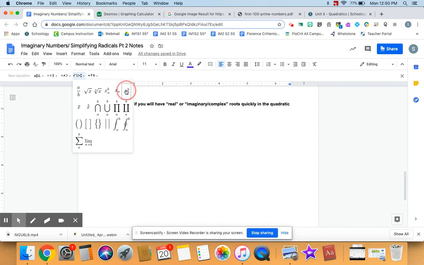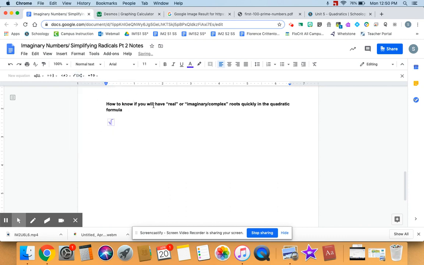So the formula is negative b plus minus the square root of b squared minus 4 times a and c. And if this ends up being negative, then they're going to be imaginary roots, complex roots. And if it's positive, then we'll have real roots.